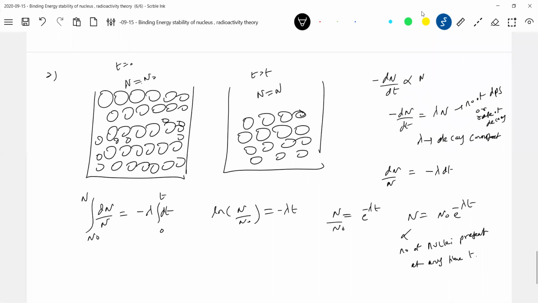How to calculate the number decayed? Number of nuclei decayed, I'll write N decayed. This should be equal to N naught minus N. So this will be N naught minus N naught e to the power of minus lambda t.